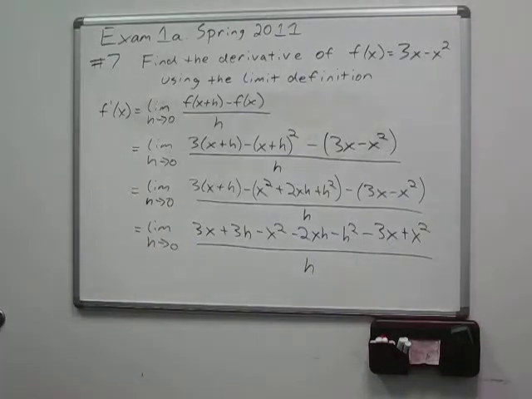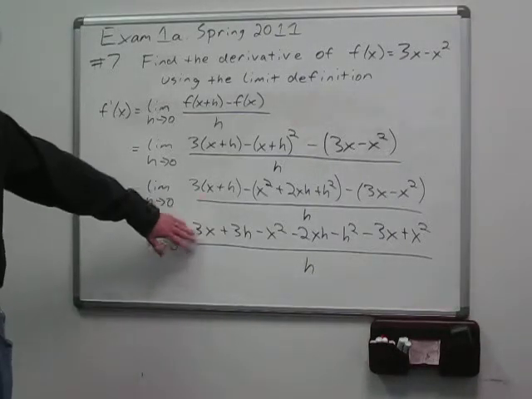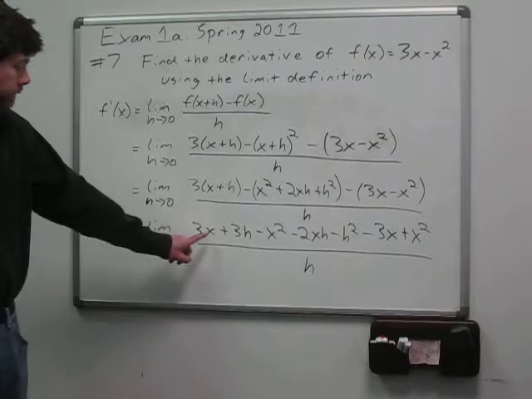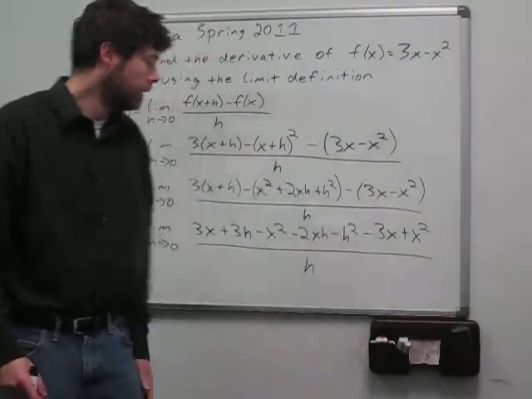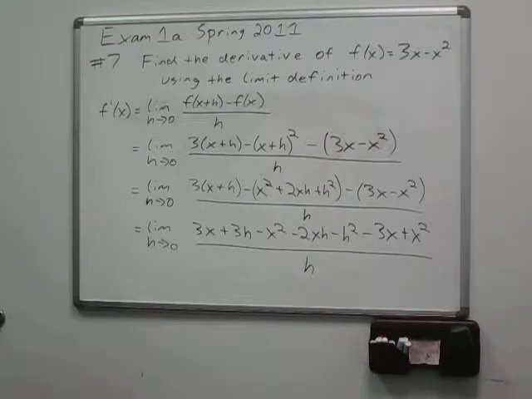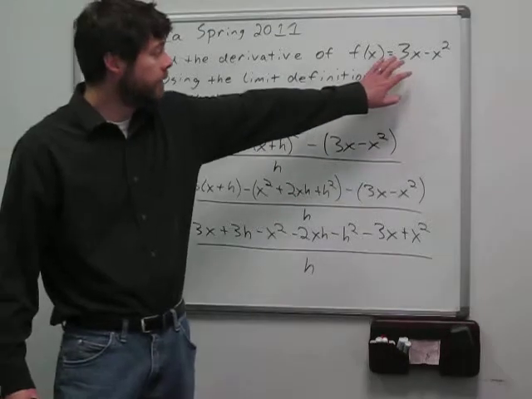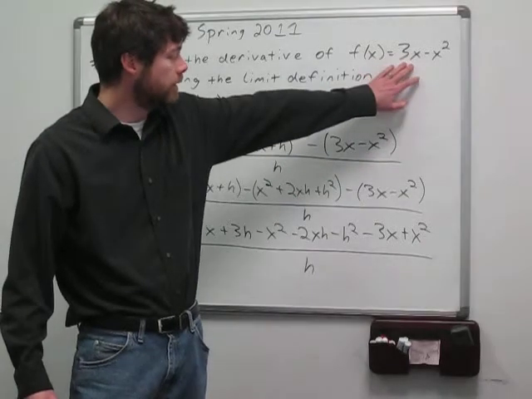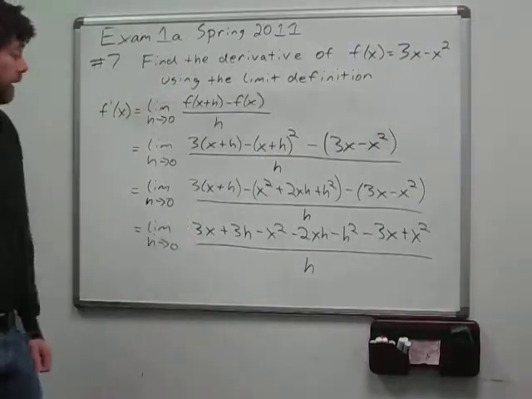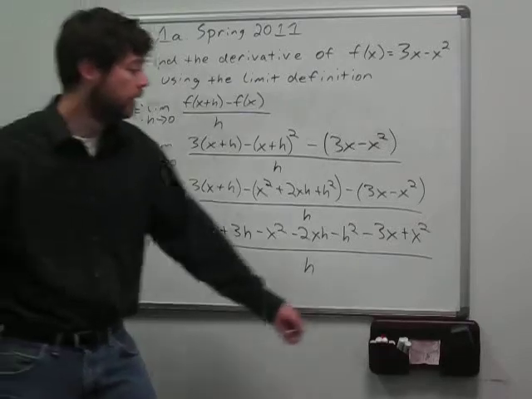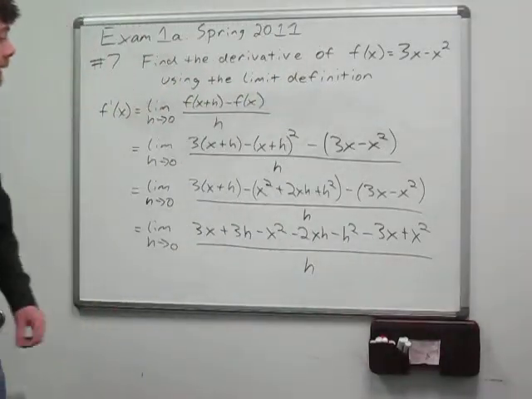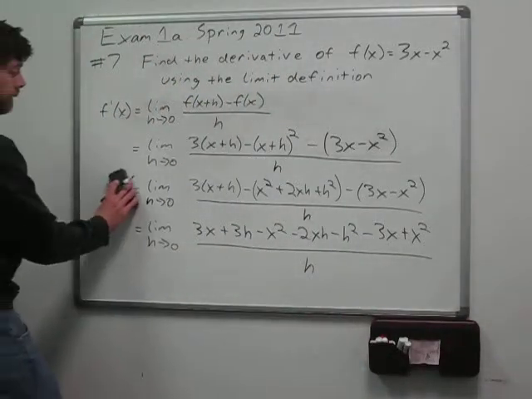Okay. And so we notice at this point, after we expand everything out, that the terms that do not have h's in them are going to cancel. And whenever we're taking the derivative of a polynomial, we expect that to happen. We expect all the terms without h's to cancel, which will allow us to factor an h out of the numerator.